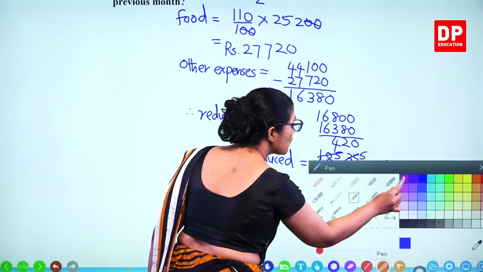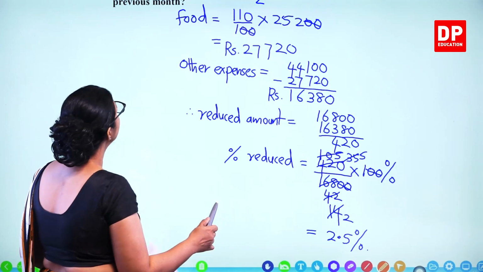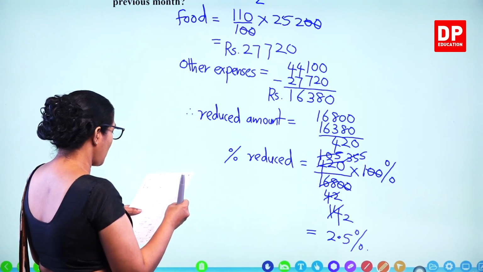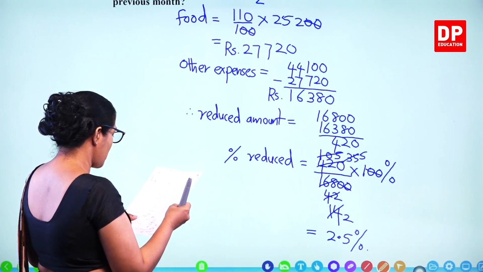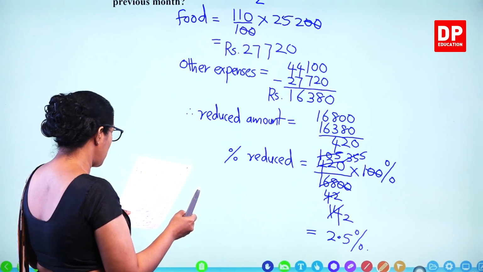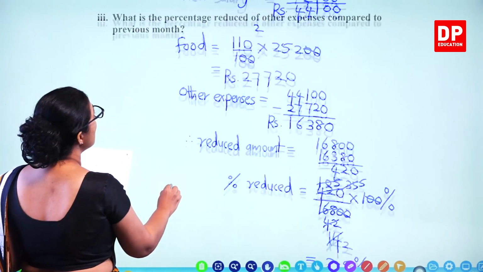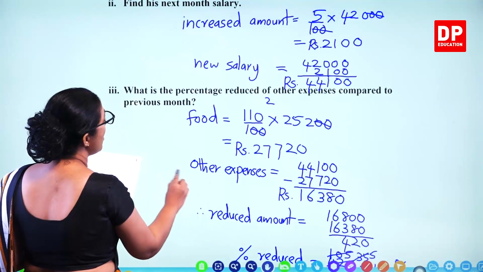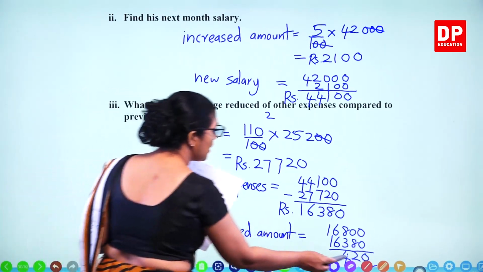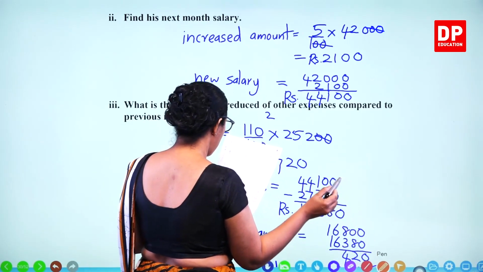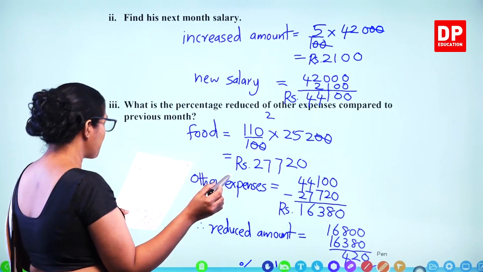So how many marks for this one? That's 4 marks for this part. And what about the second part? In the second part, you are getting 3 marks.